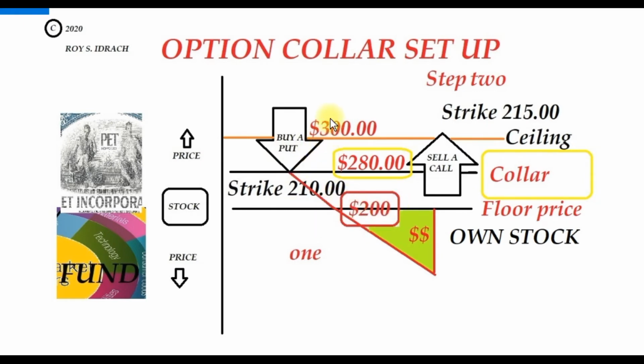You went and bought an option, a put at $210, and as the price goes down, this thing starts making money and is going to cover the cost of this. However, look at this. You sold the call at the strike of 215, and they give you $280.